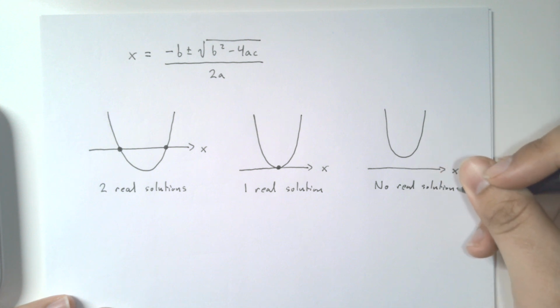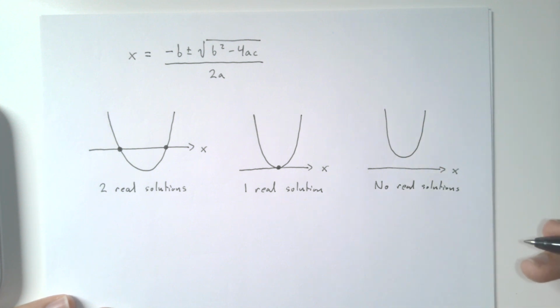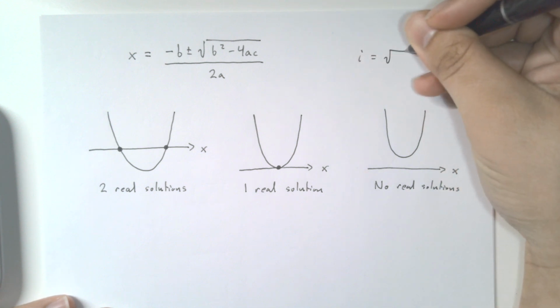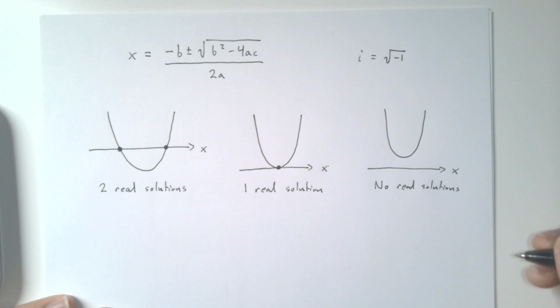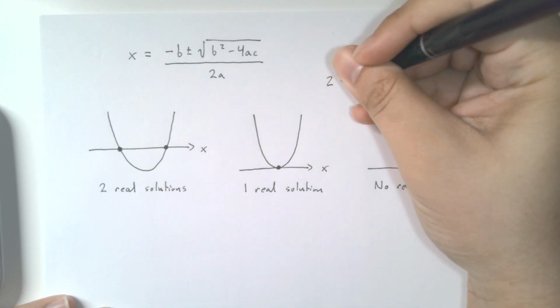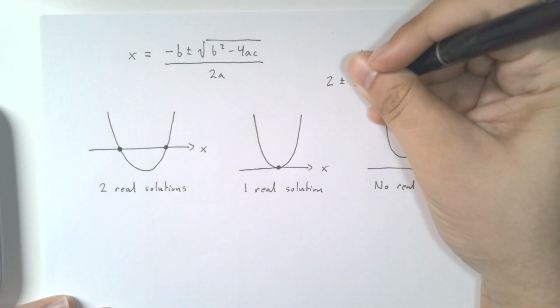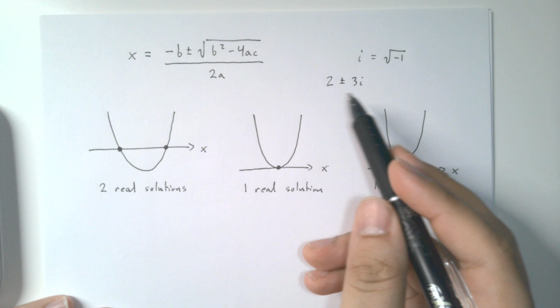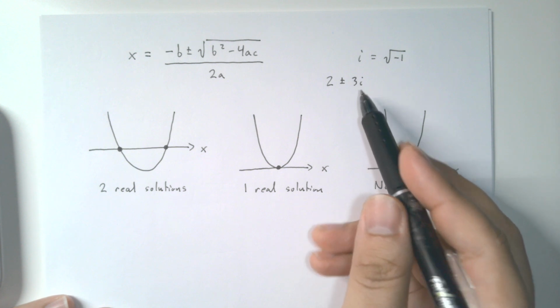But as we've seen throughout this course, or at least in the last few videos, we have imaginary solutions where we introduce this i. Remember, i is the square root of negative 1. And so when we saw solutions like, I don't know, 2 plus or minus 3i, these are actually called imaginary solutions because they have this i in here.